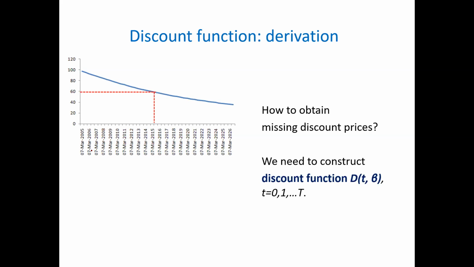And then I took discount prices, essentially prices of strips securities, which mature in different years, so 2005, 2006, etc. So I then just plotted this curve, meaning essentially these are just dots, points or dots.